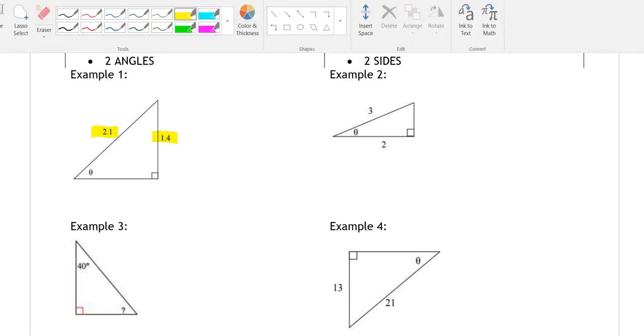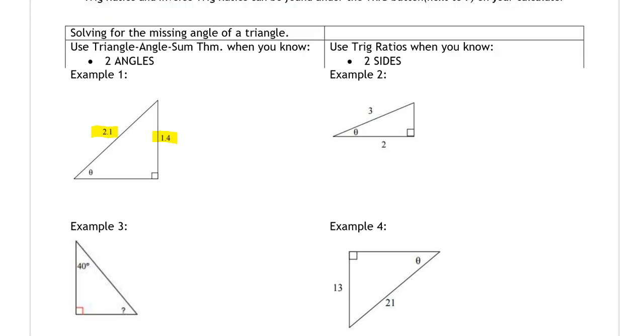Again, I see where my angle is, right? I'm solving for theta. That's just our variable. I have my hypotenuse, the opposite side, and the adjacent side. Since I'm using trig ratios, looking at SOHCAHTOA, which one am I using?